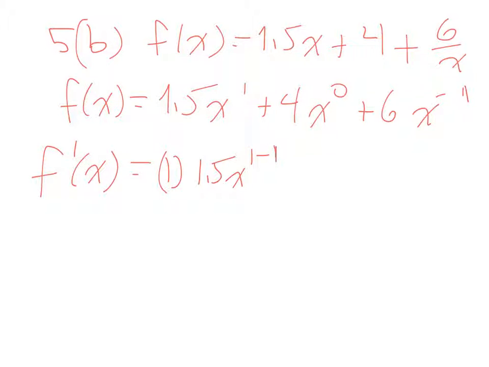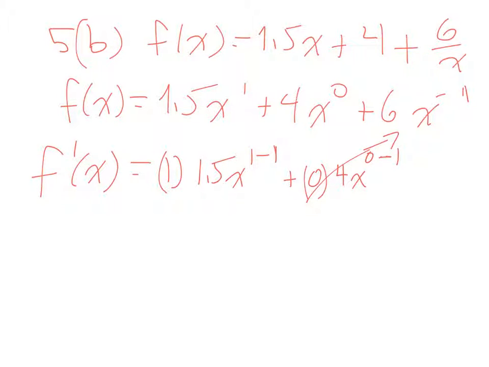Okay, and then second term, I'm going to take the 0 down front. 0 comes down front, multiply it times the term, take away 1 from the term. It doesn't really much matter from the exponent in that term, because 0 times anything is going to be 0. This is going to be 0. Derivative of a constant is 0.